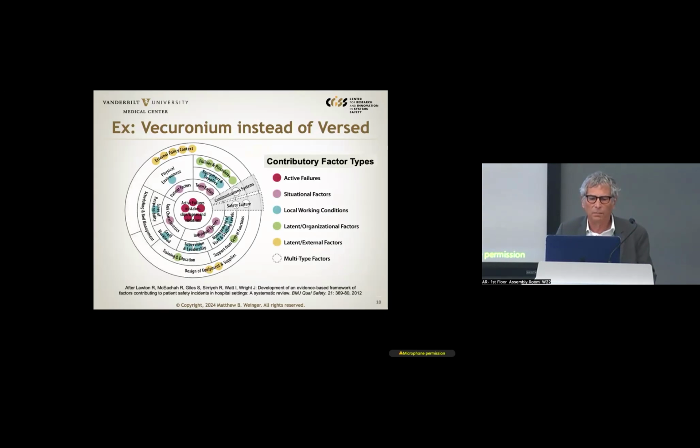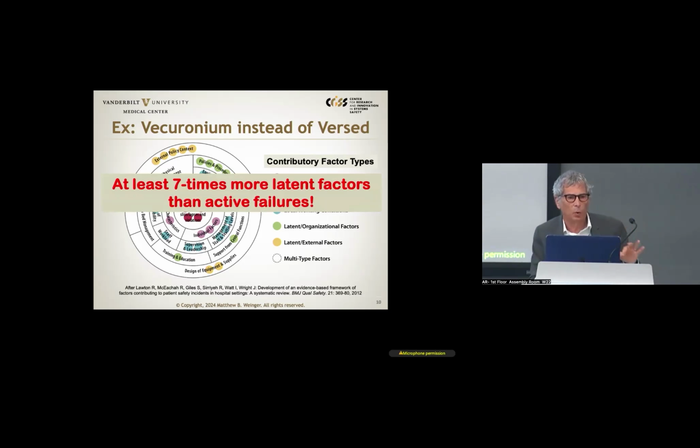And I want to make the point that while there are lots of things that the prosecution pointed to, what I would call active failures of the nurse in that situation, who, by the way, beforehand was a very good nurse and was considered good enough to be taking care of a trainee nurse at the time, there were 7 times more latent factors than active failures.